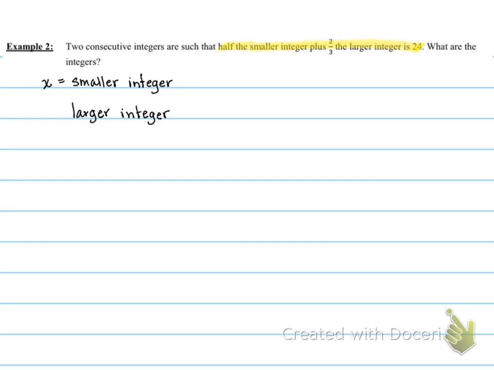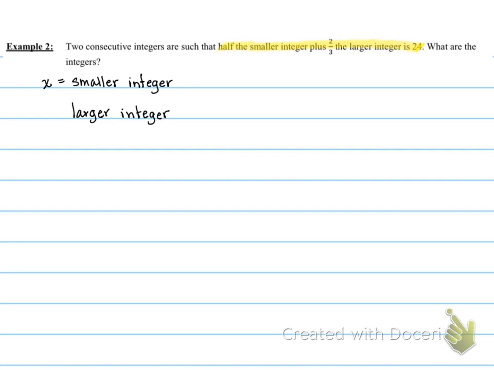It doesn't relate them to each other. I mean, secondhand, it relates them to each other because of the way they're related to 24. But because that 24 is in there, it's not a simple explanation of how the two are related to one another. We don't use the information about how they're related to the number 24 until we write our equation.